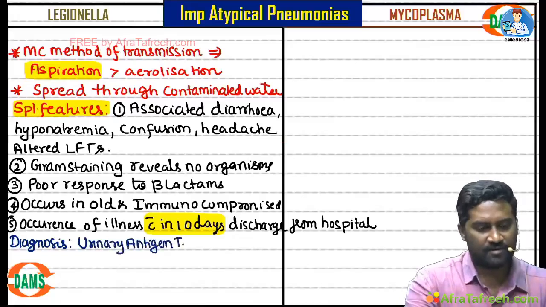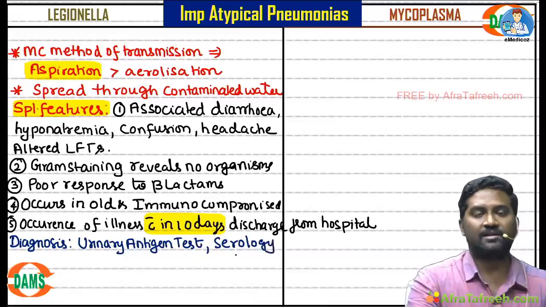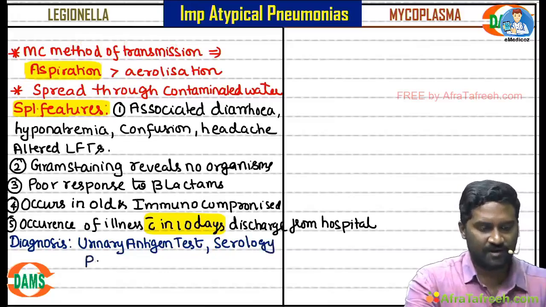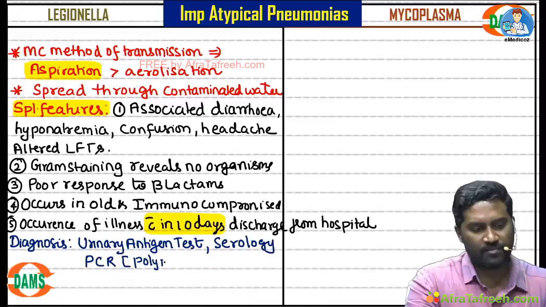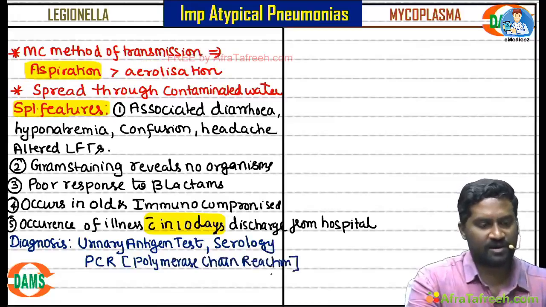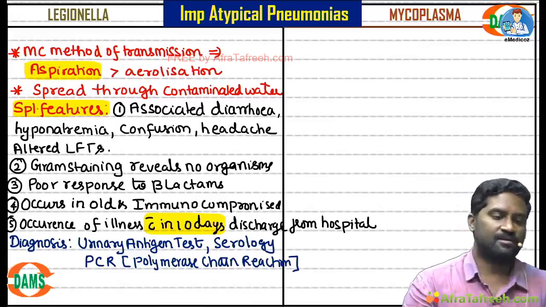Other methods are serology, where we look for antibodies against Legionella antigen, and if available, PCR. PCR is polymerase chain reaction, where we identify the specific genetic material. Urinary antigen test is commonly employed.